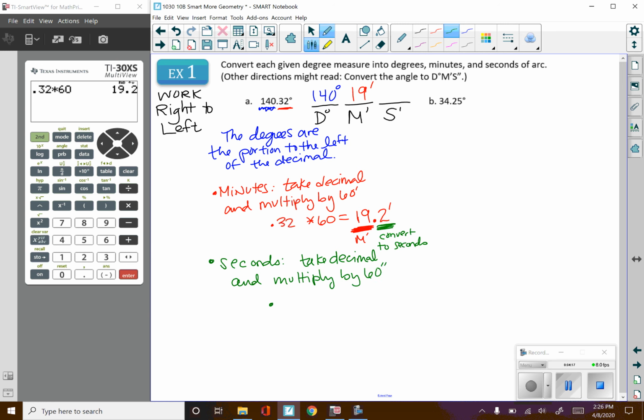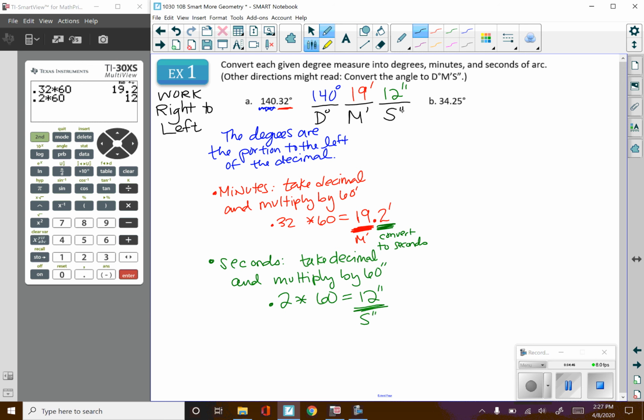So 0.2 multiplied by 60 gives us 12 seconds, and that is the final part of our answer. All right, so 140.32 degrees is the same as 140 degrees, 19 minutes, and 12 seconds.